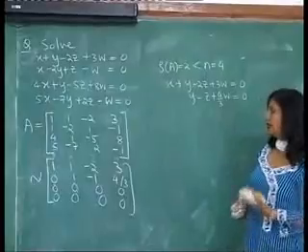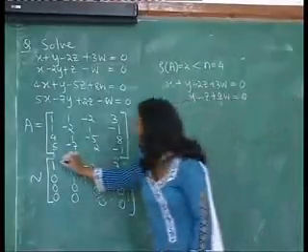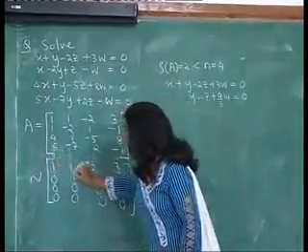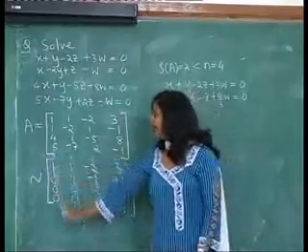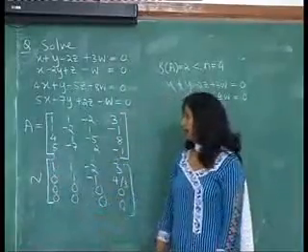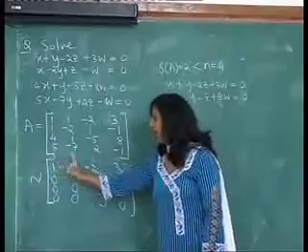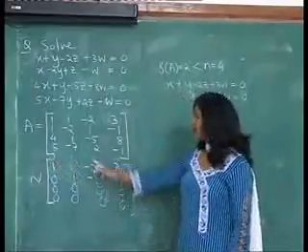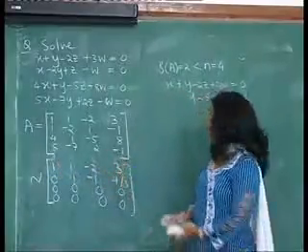And now let's determine which are the leading variables. So look at the leading elements in the non-zero rows. They again fall in the first and the second column. That means x and y are the leading variables. So z and w are the non-leading variables.